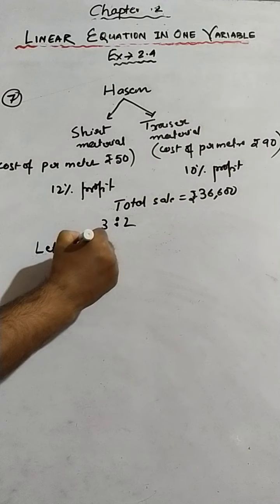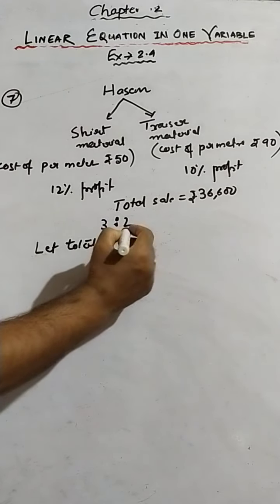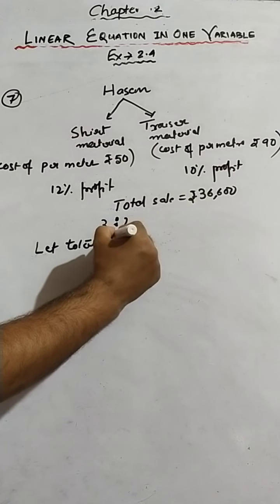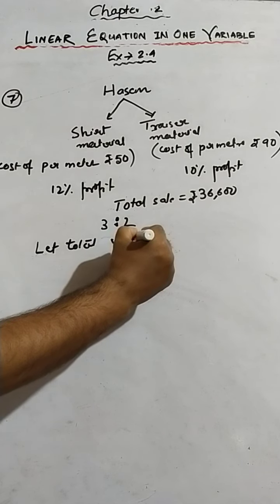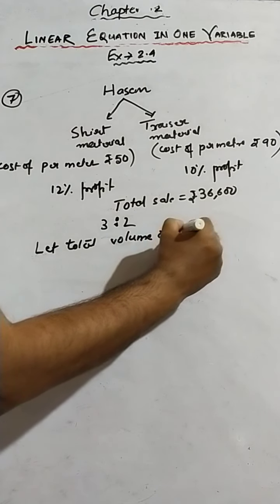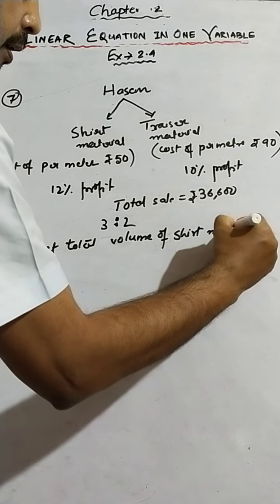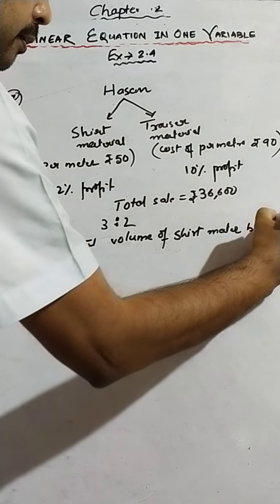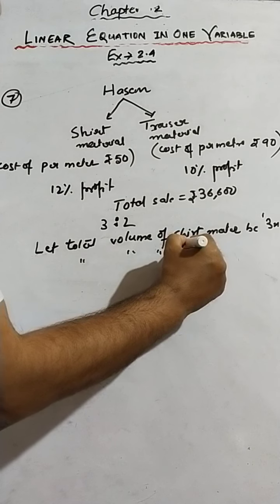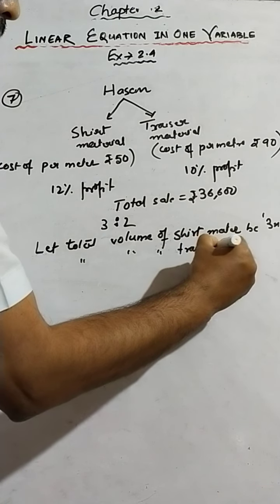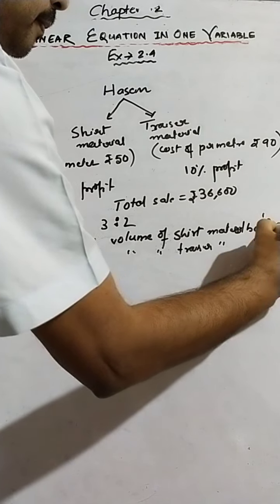Let the total volume of shirt material be 3x, and so the total volume of trouser material be 2x.